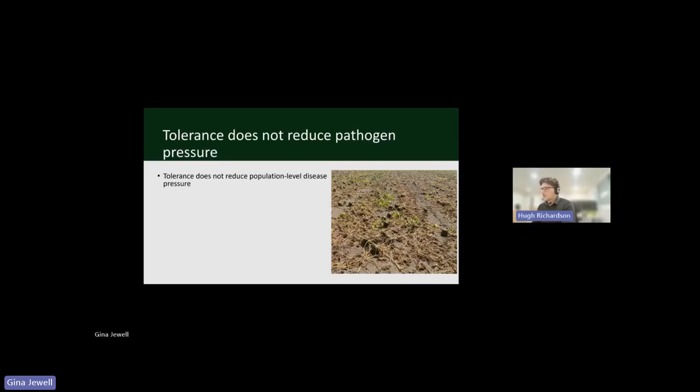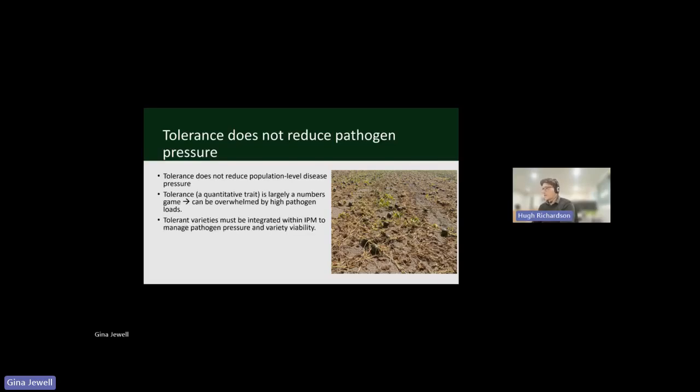Now, one point on tolerance, as I said before, is that tolerance does not reduce pathogen pressure. So you do get, say, fruit yield at the end, but every season you're using a tolerant variety, you are still creating an environment for your pathogen to proliferate.